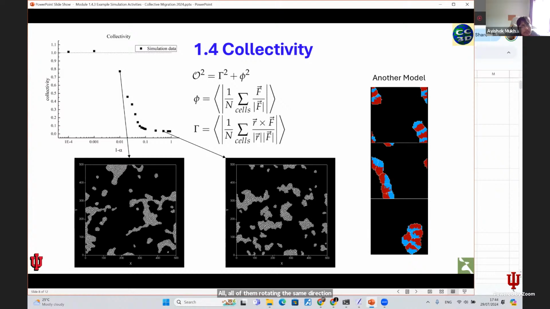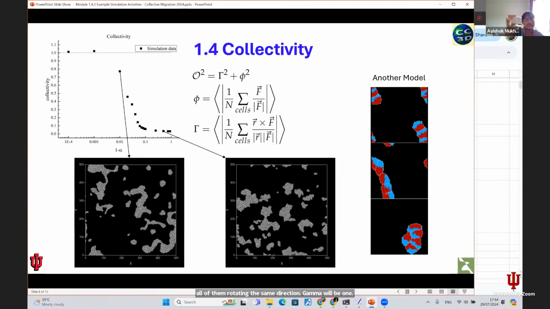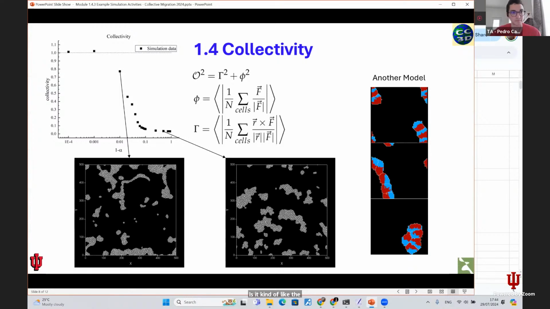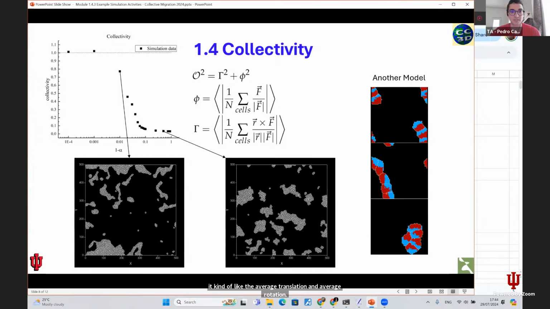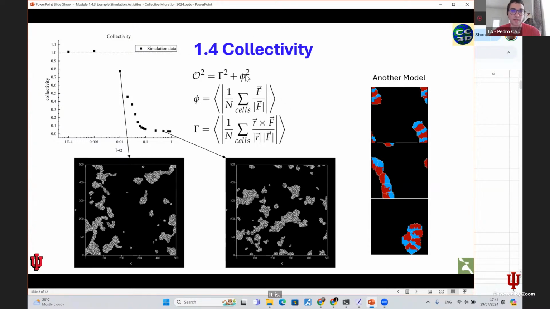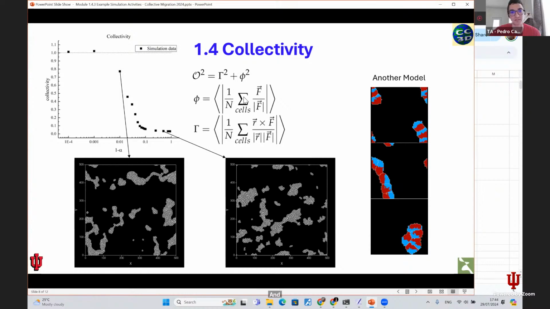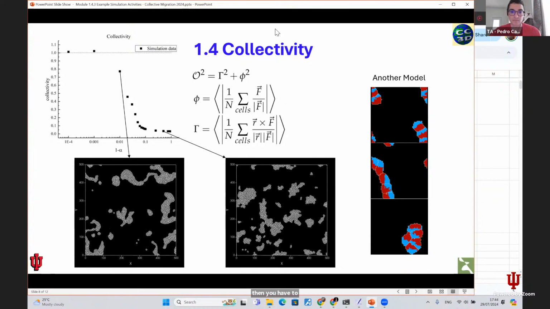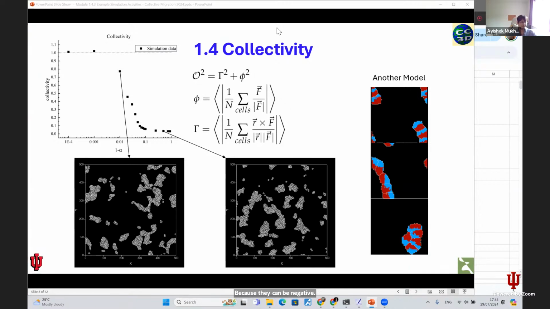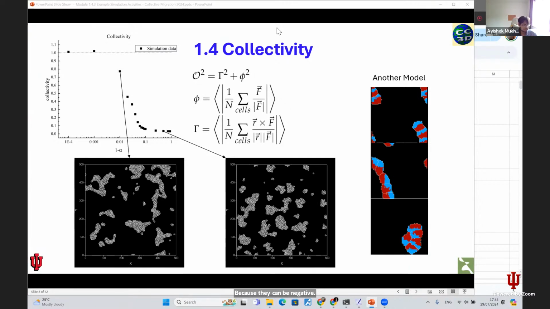So is it kind of like the average translation and average rotation? Yes, it is. And then you have to sum the squares because they can be negative. Thank you.